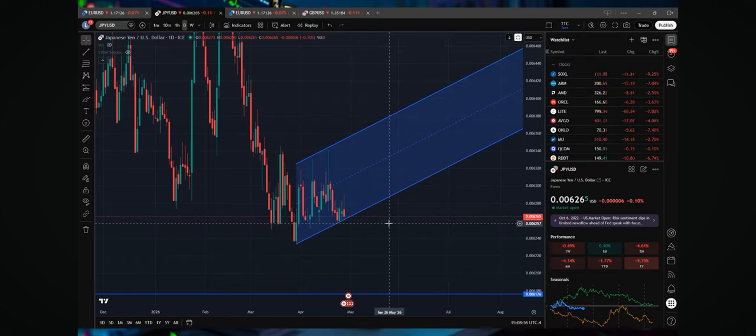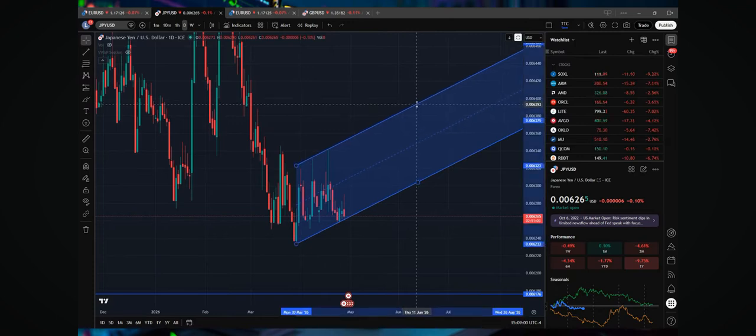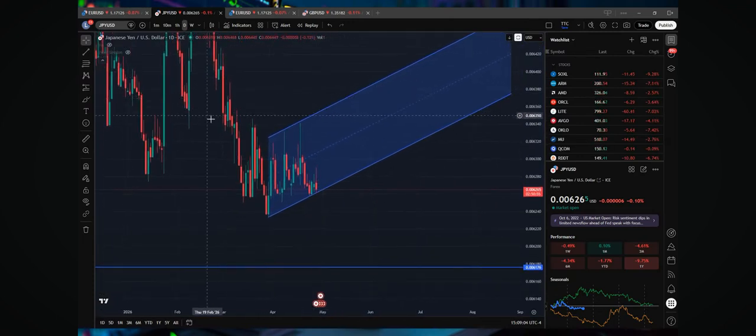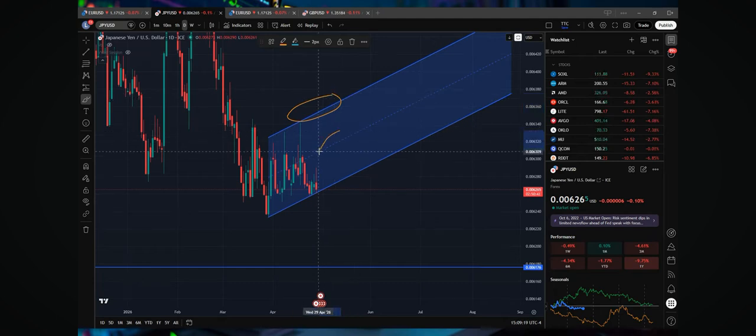If this is something that you're interested in and or looking to trade, the way that personally I would go about doing it is looking for, okay, let's say I wanted to short this. Where could I short it? Well, I'll give you a couple places. One, you could short up here at the top of this upsloping parallel channel. Number two, you could potentially short at the midline of that same channel that we've been talking about.